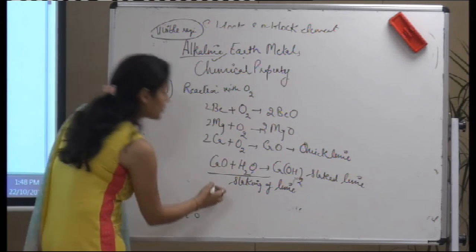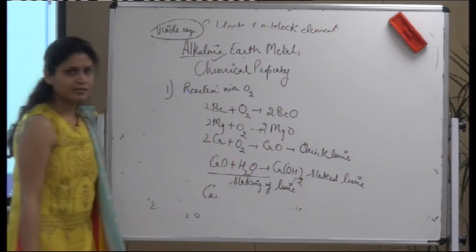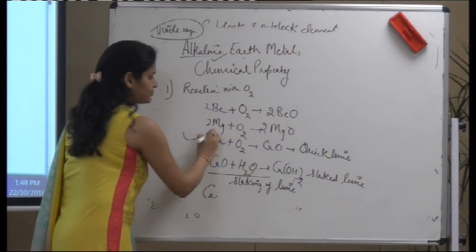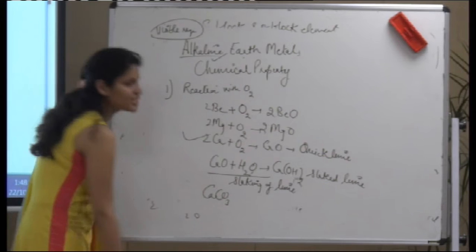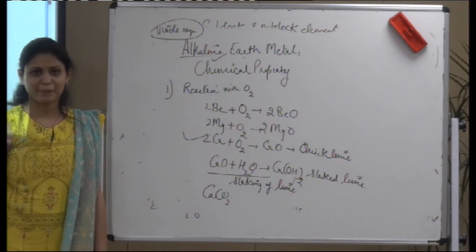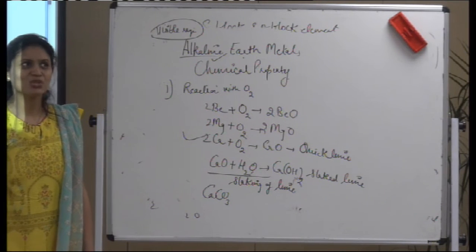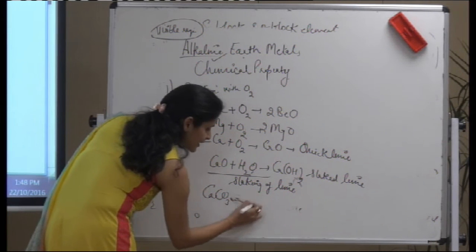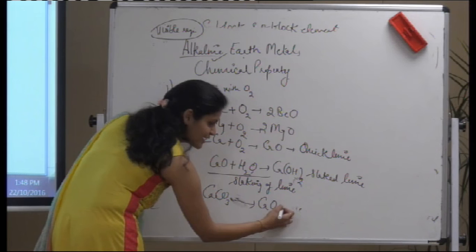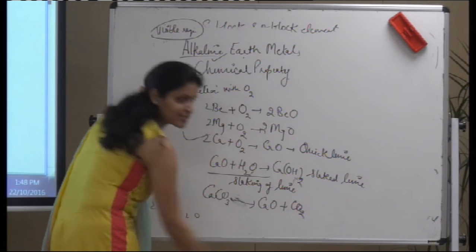Any other way of preparing calcium oxide except this reaction? Decomposition of calcium carbonate. Has anybody seen calcium carbonate? Where? Chalk. Chalk is calcium carbonate. If we heat calcium carbonate, it will form calcium oxide and release carbon dioxide.